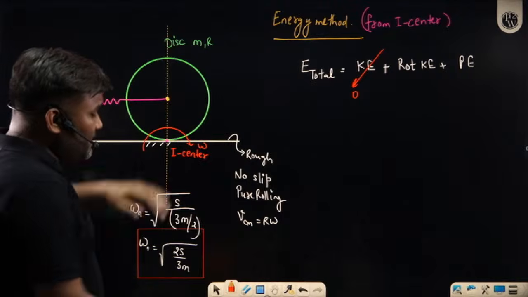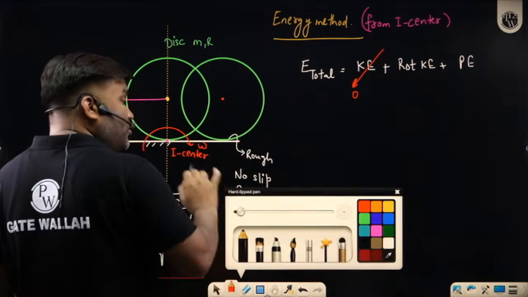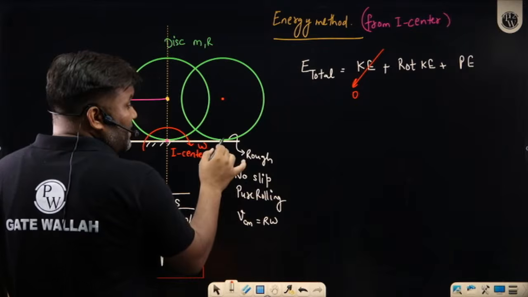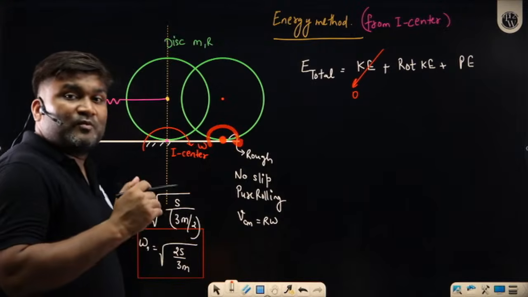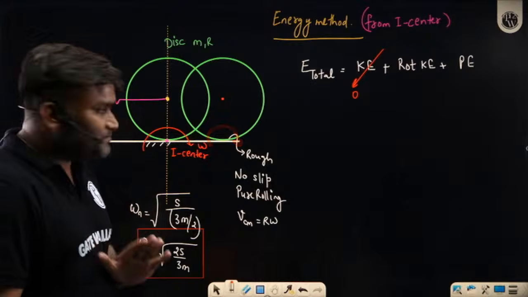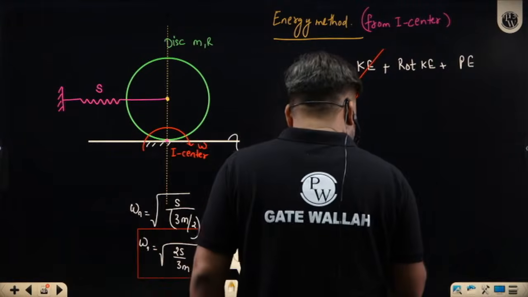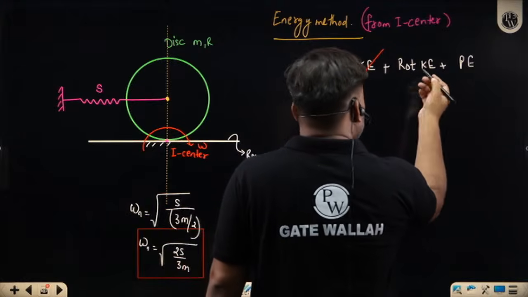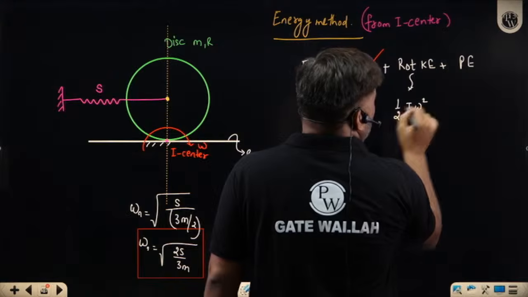The very next moment, this body is somewhere here, and now you get the feeling of rotation from here. So about this I center, you think that this body is moving with some omega velocity. Getting my point or not? Okay, so your body is going to have some rotational kinetic energy, yes, half I omega square.